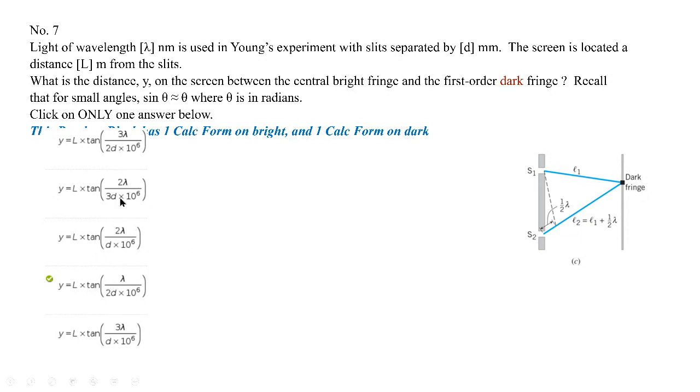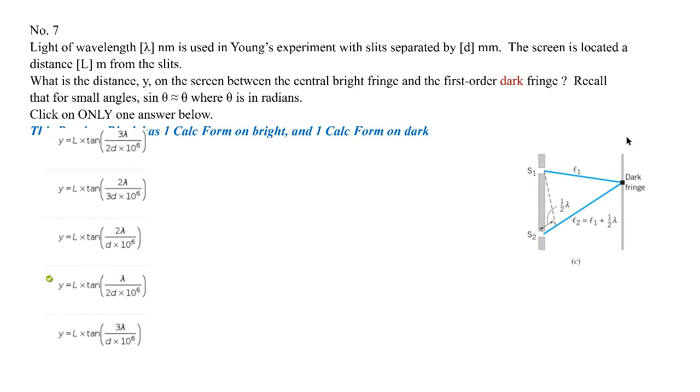This one and this one both result in dark fringe: lambda over 2, 3 lambda over 2, but this one occurs at a bigger angle. So it is not the first dark fringe; as a layman would say, it is the second dark fringe.